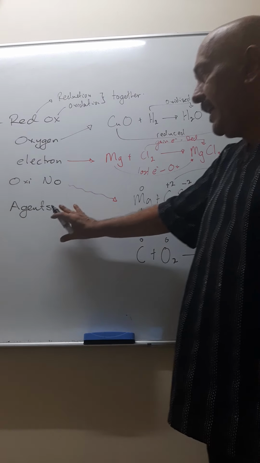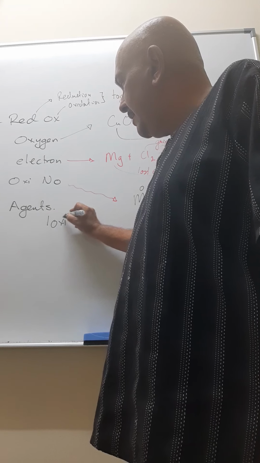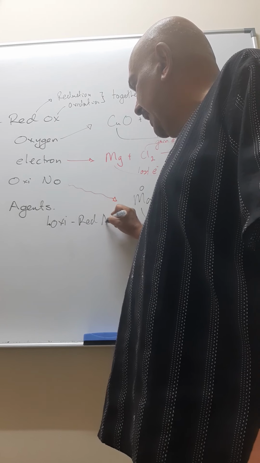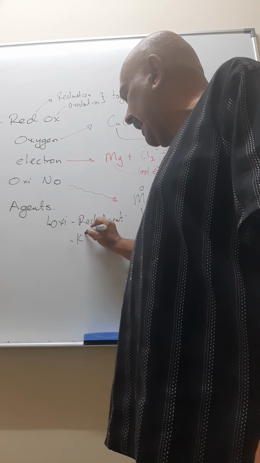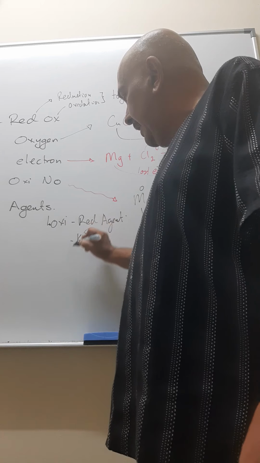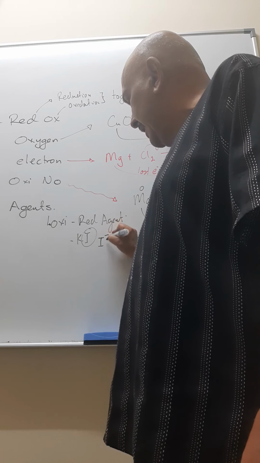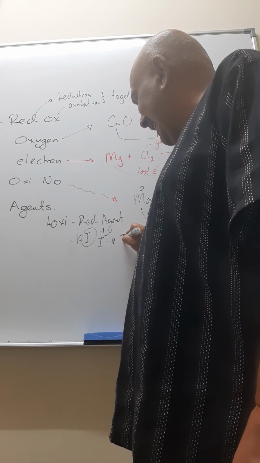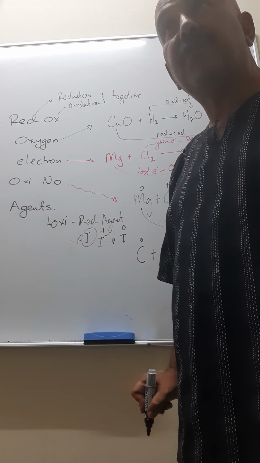And in terms of agents, if you are oxidized, you are the reducing agent. The most famous reducing agents we have are KI, where it's really the I that's going to change. It changes from I negative, which is negative 1, to I, which is 0. So the oxidation number has gone from negative 1 to 0.